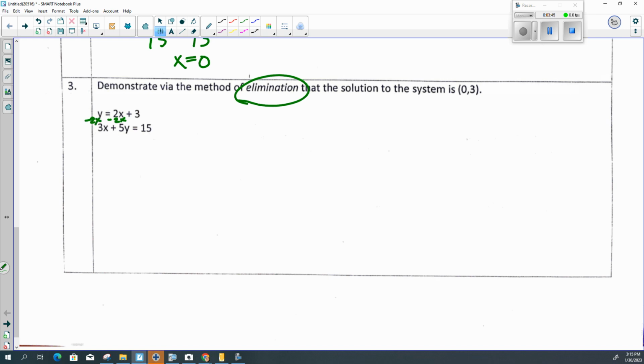So I'll have negative 2x plus y equals 3. Now everything is lining up a little bit better, and I'm going to multiply the second equation by a negative 5. You could multiply the top one by a negative 2 and the bottom one by a 3 and create opposite x's. I'm not going to do that.